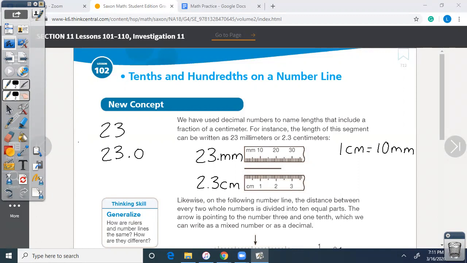If 1 centimeter equals 10 millimeters, we're just moving one place value, so we can move that decimal one time to figure out centimeters, which is what we just did down here. Okay, so if you don't have a centimeter ruler right underneath your millimeter one, you can still figure out how many centimeters it is by doing that.